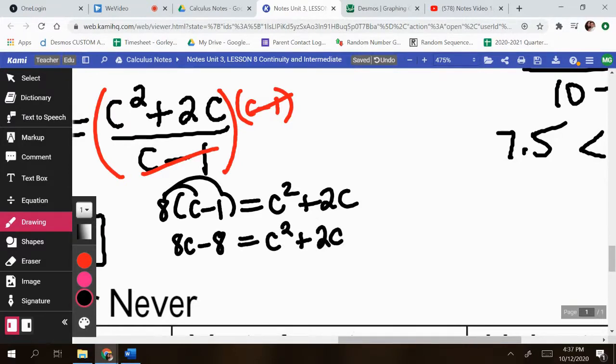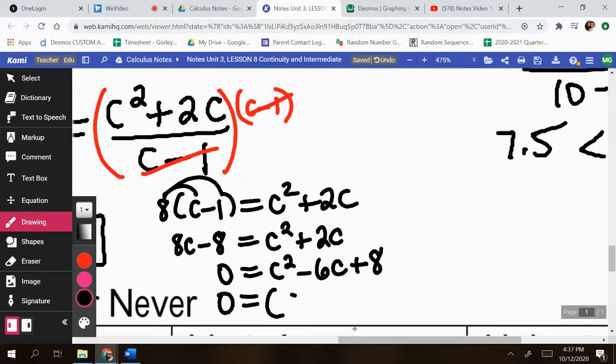And we have another problem where we need to set it equal to 0 to factor. So if I subtract 8c on both sides, I would get c squared minus 6c, and then if I add 8 on both sides, I would get plus 8. Okay, so this would factor to be c minus 4 and then c minus 2.